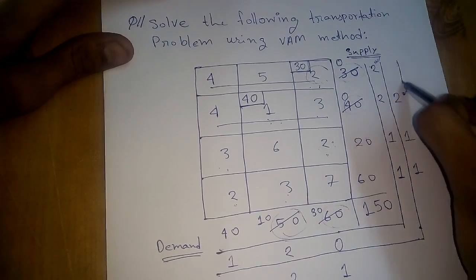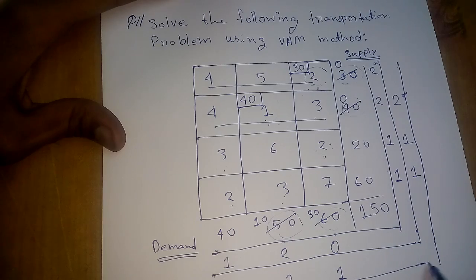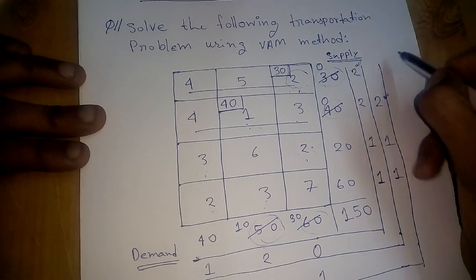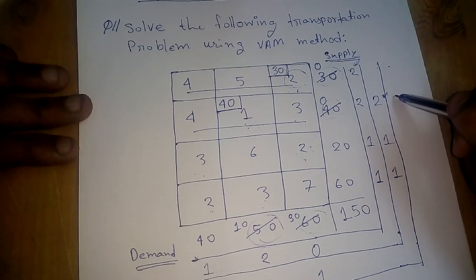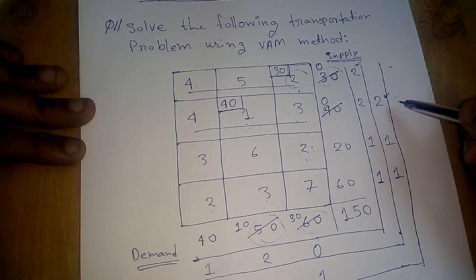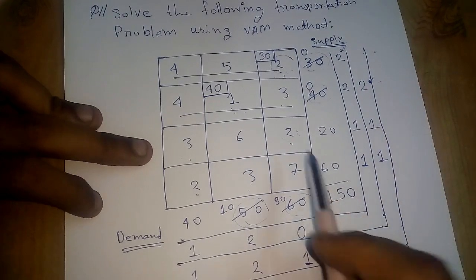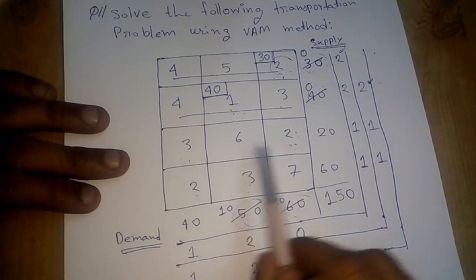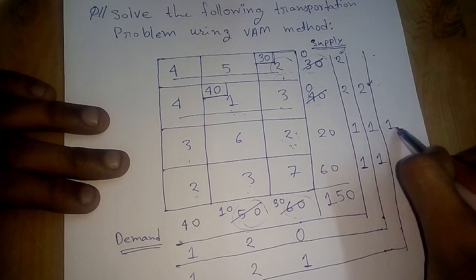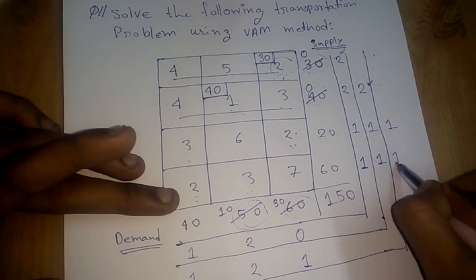Then again we have to find the penalty. These two rows' values are 0, so we don't have to calculate the value from these two rows; we will calculate the value from the remaining rows. The minimum value is 2 here, 2 and 3, the difference is 1. Here 2 is minimum and the greater is 3, so the difference is 1.